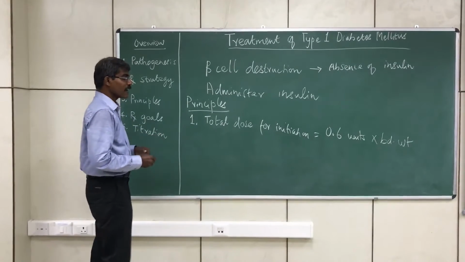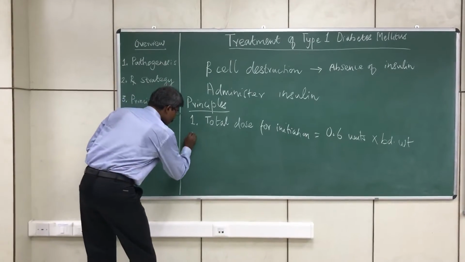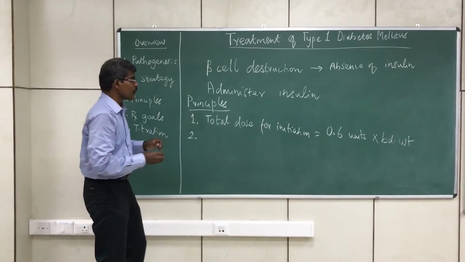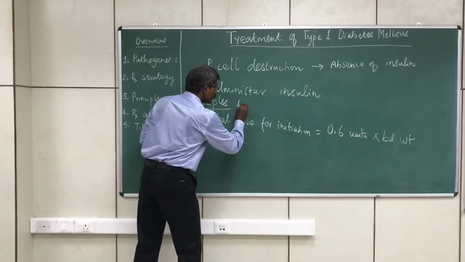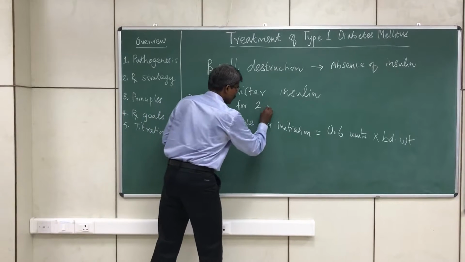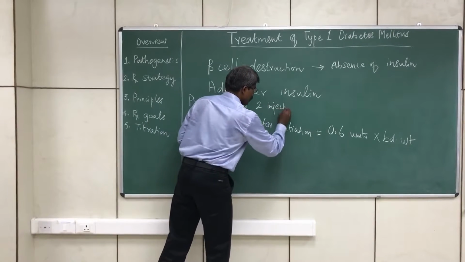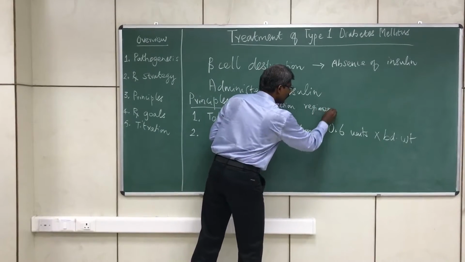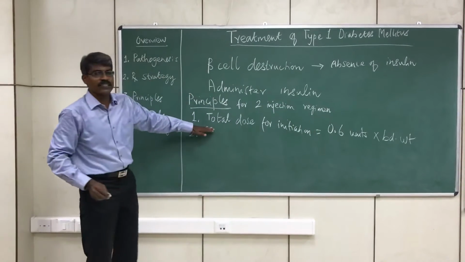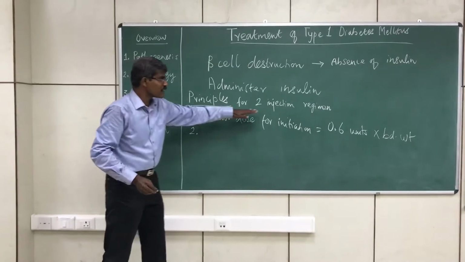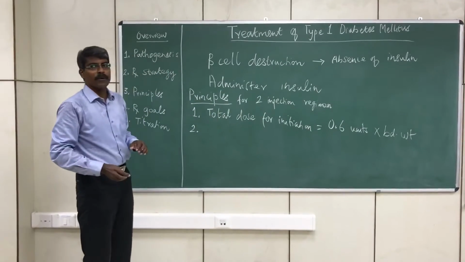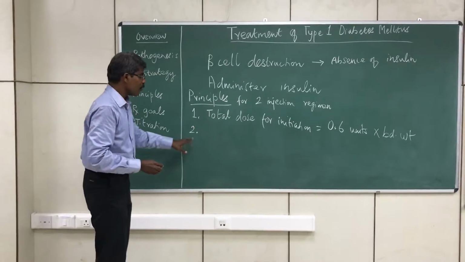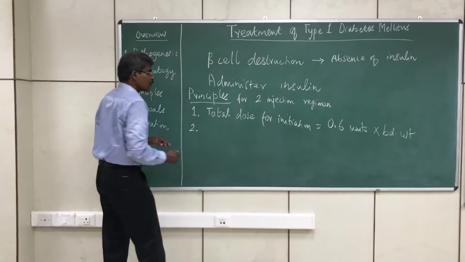Now once we have calculated this total dose, I'll talk about principles especially for 2 injection regime. So this is common for whatever injection regime we start. Now let's see only the 2 injection regime, because in our setup this is the most commonly used regime. Now how do we divide this total dose?